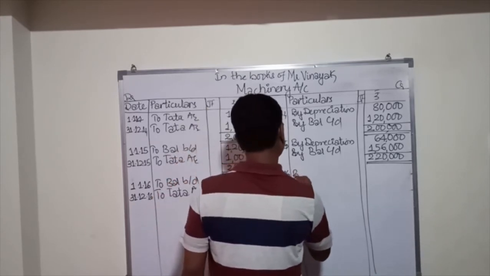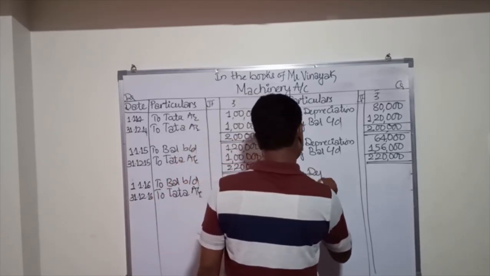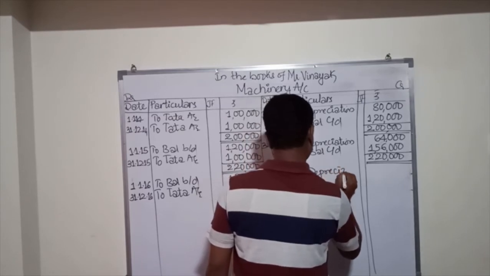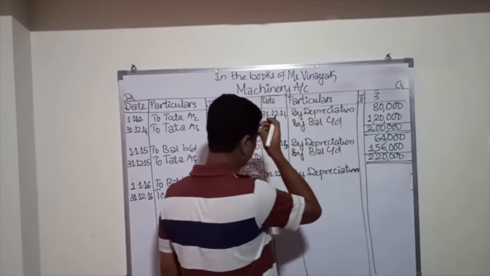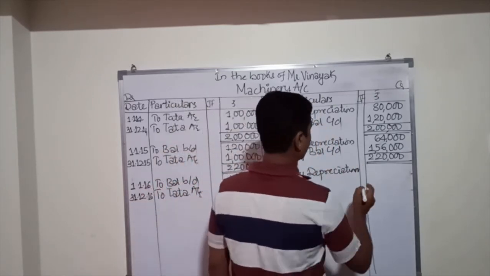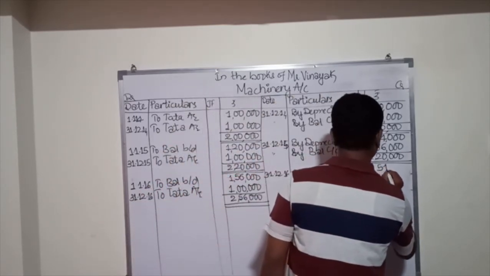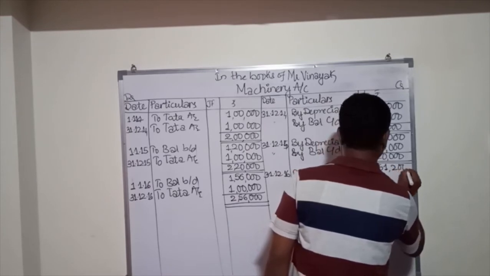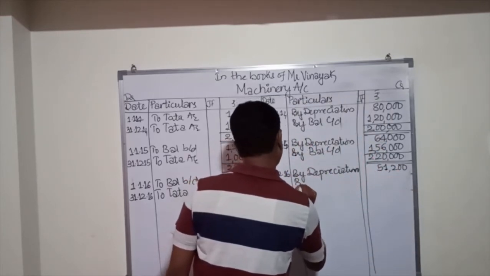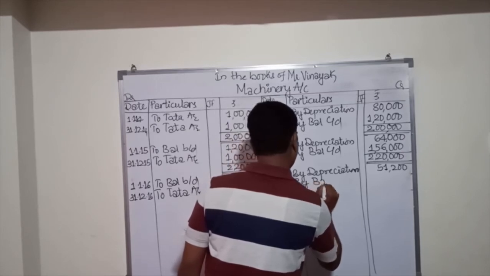So by depreciation, so there it is 51,200. So on the same day balance here, so by balance carry down.